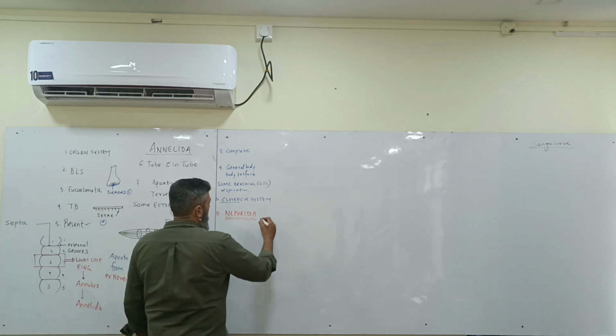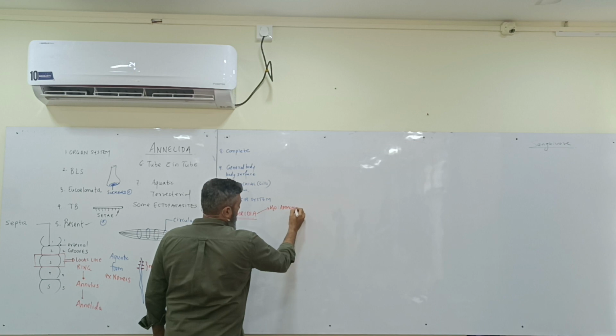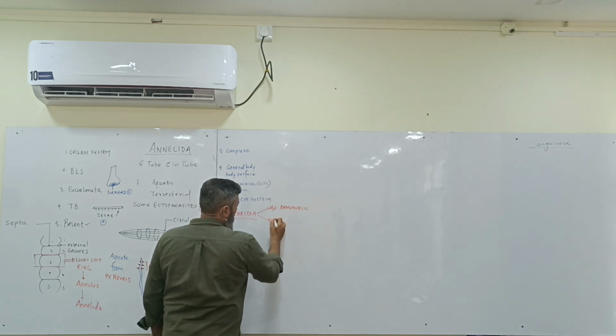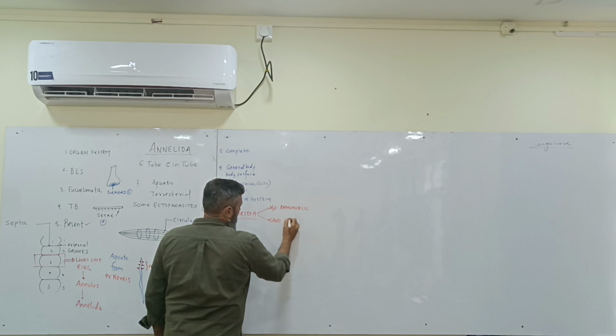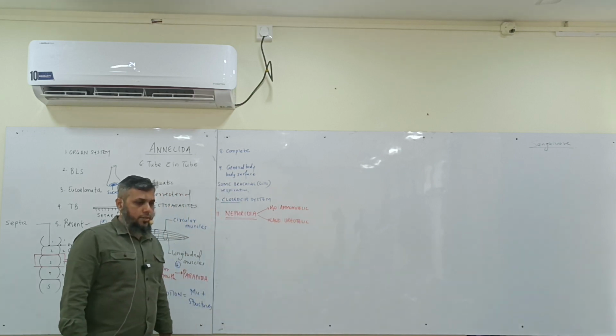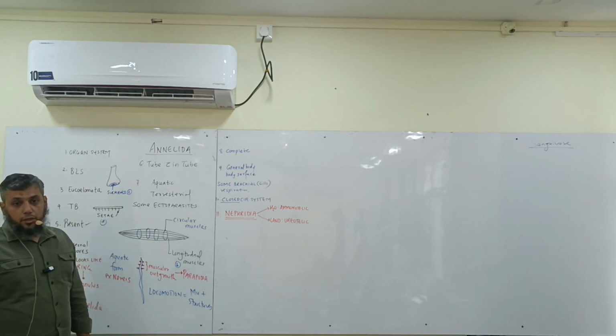Okay? So in the presence of water, they can be ammonotelic. And in case of land, they can be ureotelic. Matlab they produce urea as a nitrogenous waste. Okay? What's the next point?